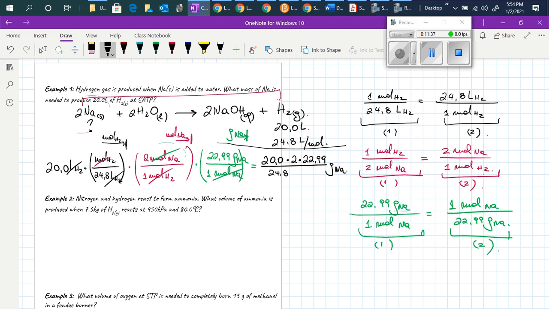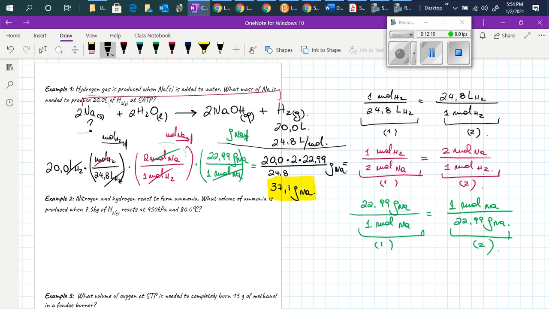After you enter this in your calculator, what you should have is 37.1 grams of sodium. So what this question is saying is that in order to produce 20 liters of hydrogen gas in SATP conditions, in this particular reaction, you have to use 37.1 grams of sodium.